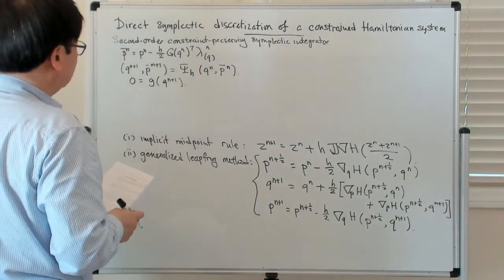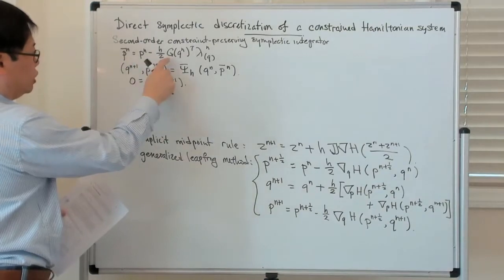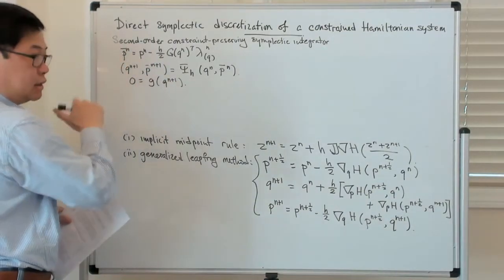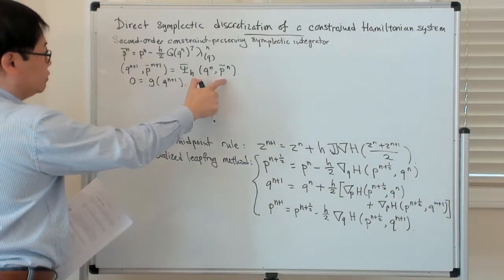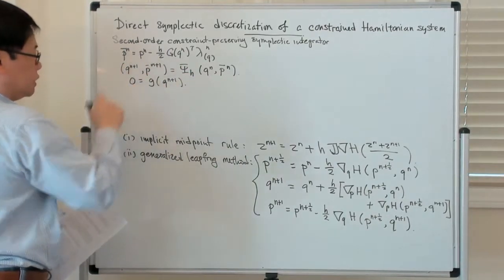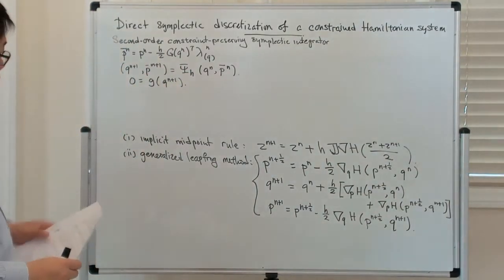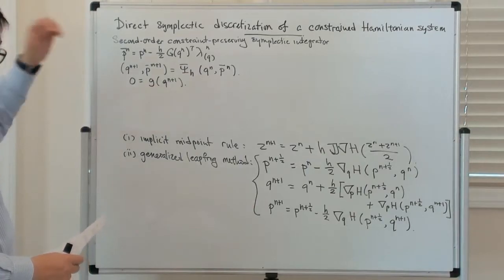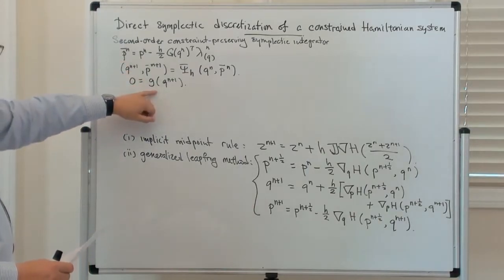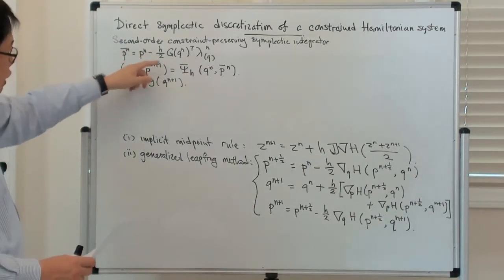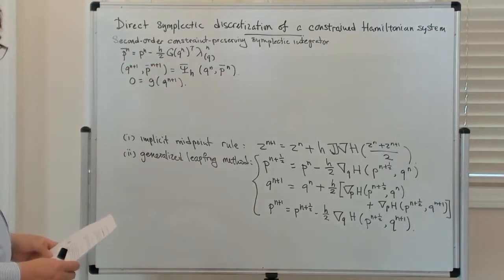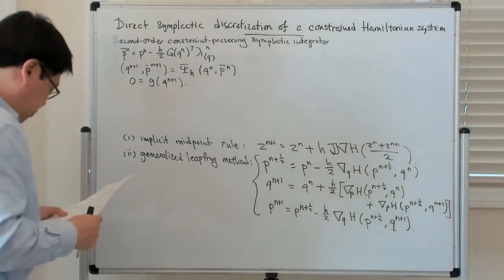So you're tweaking the initial condition for the momentum so that the new position is on the constraint manifold. So now Qn plus 1 is on the constraint manifold, and you now have to work on P at n plus 1 to give you something which is on the constraint manifold.